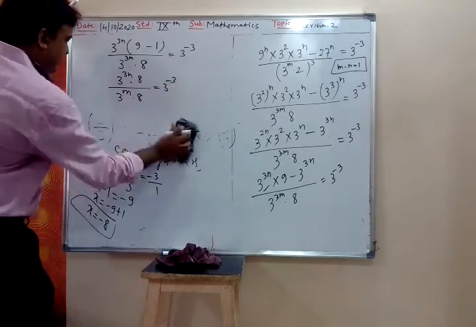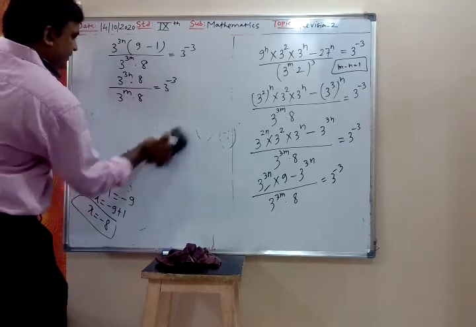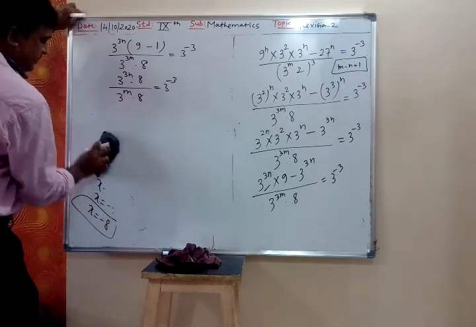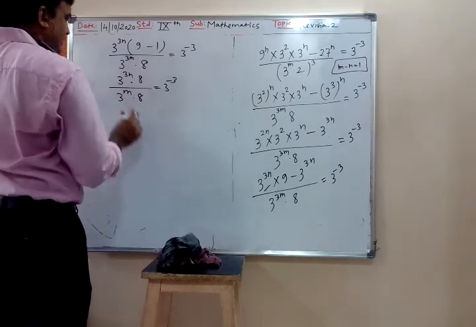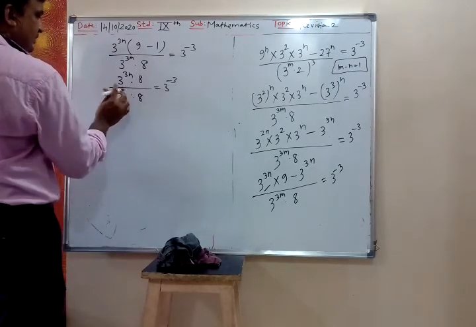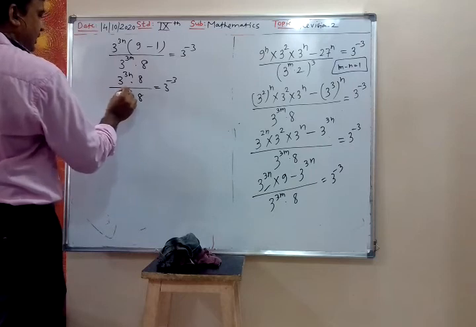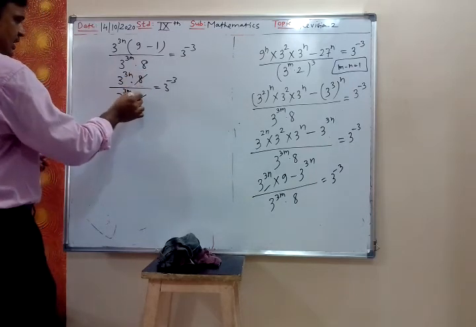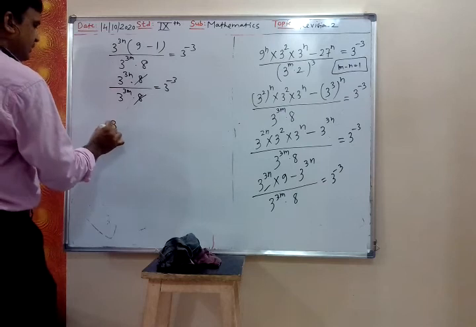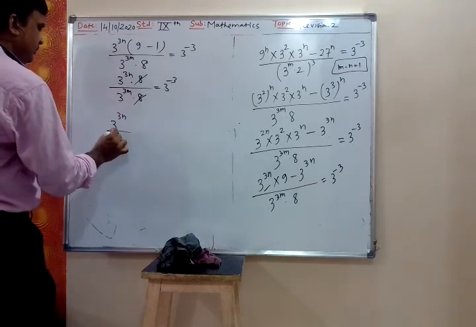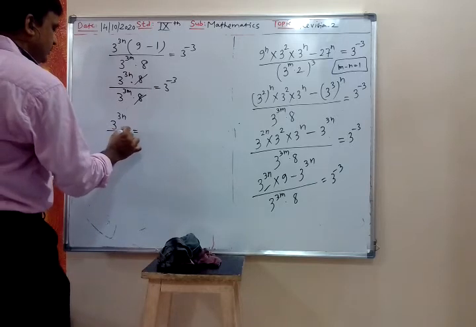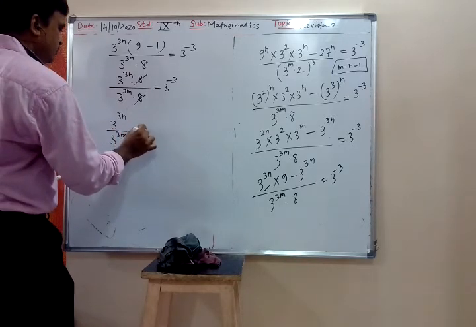Now the 8 gets cancelled. You cannot cancel the 3 because they are in the power. The 8 will get cancelled. So 3 raised to 3n upon 3 raised to 3m is equal to 3 raised to minus 3.